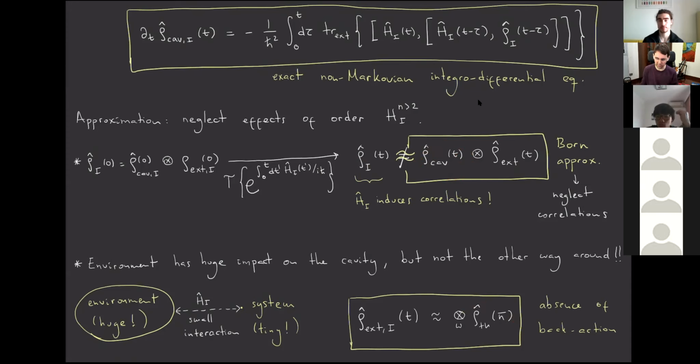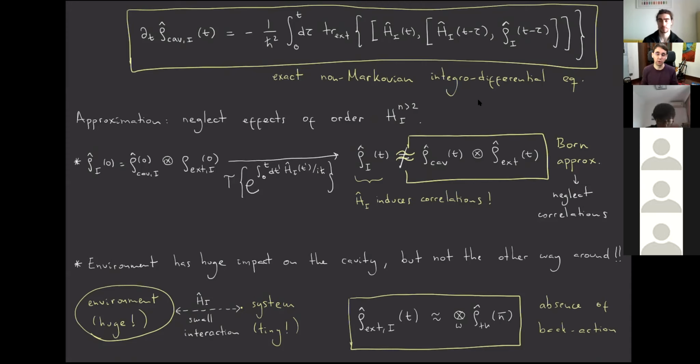Okay, so this is essentially an approximation that neglects effects higher than second order in the interaction for this equation, and I usually split this in the Born approximation, that is this uncorrelation, and the absence of back action. But in many books and many people call Born approximation the whole thing. Okay, so I just want to let you know that these are two levels of approximations that are slightly different.